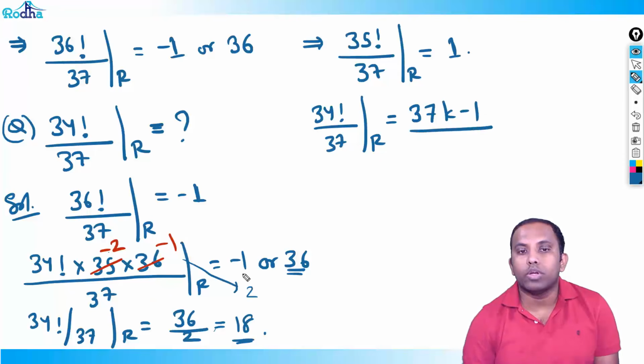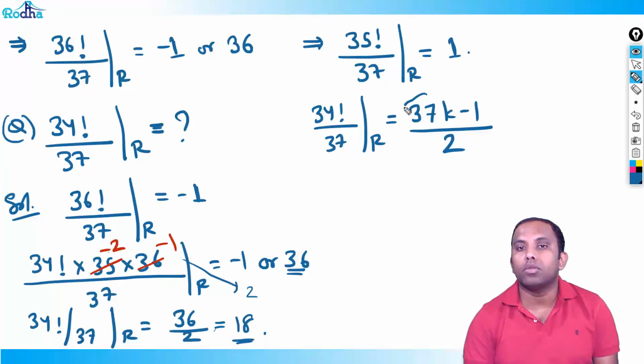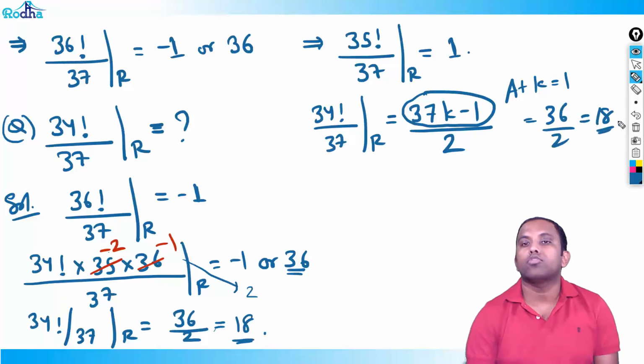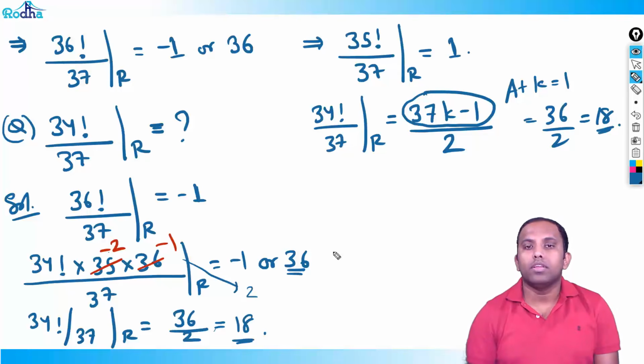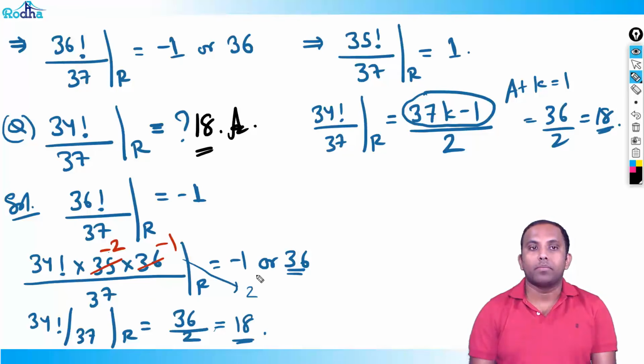Divided by this 2, you have to see for which value of k it is divisible, because I want a numerator which is divisible by 2. So obviously at k equal to 1, that is 36 by 2, that is 18. The funda is absolutely the same. So what is the answer? Therefore, 34 factorial by 37, the remainder is 18.